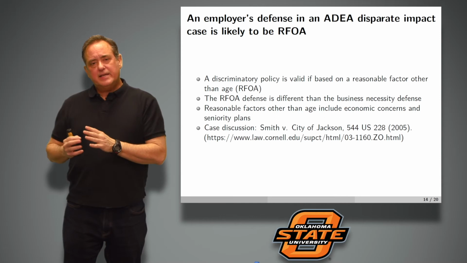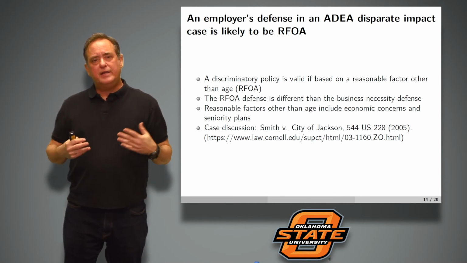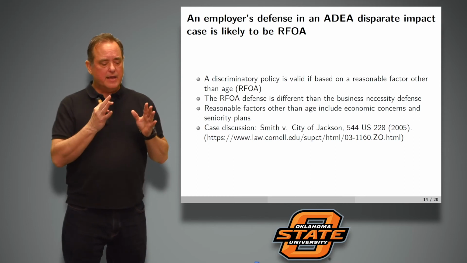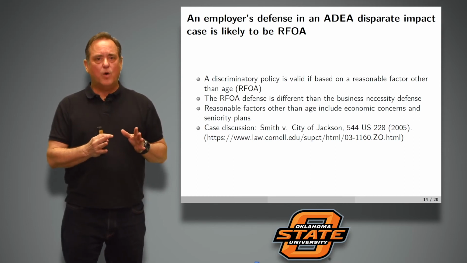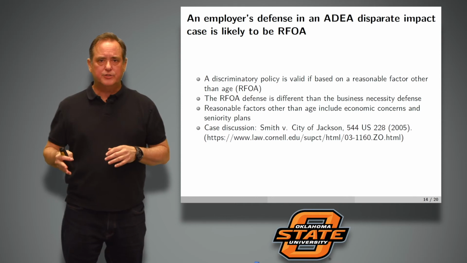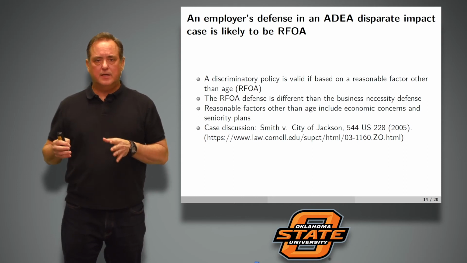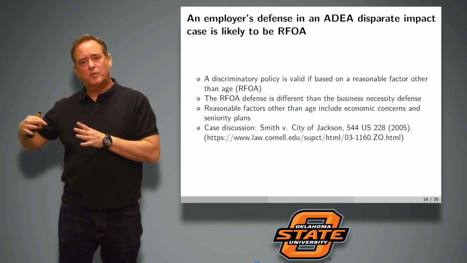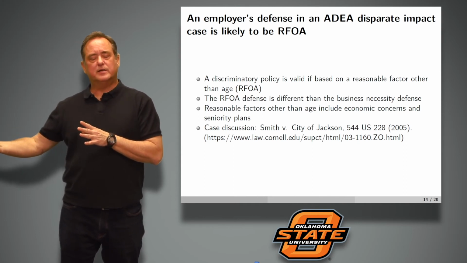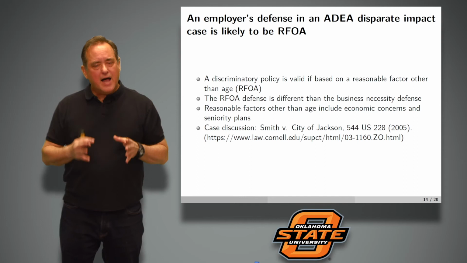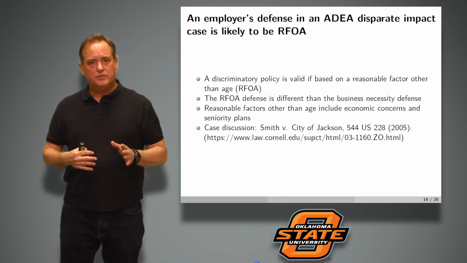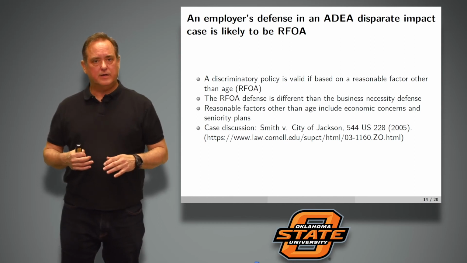So what the city of Jackson did was they put in a raise policy, and the raise was a certain amount for those with 0 to 2 years of experience. And that was the same amount for workers with greater than 5 years experience. But it was a higher percentage for those workers who had been there 2, 3, 4 years.